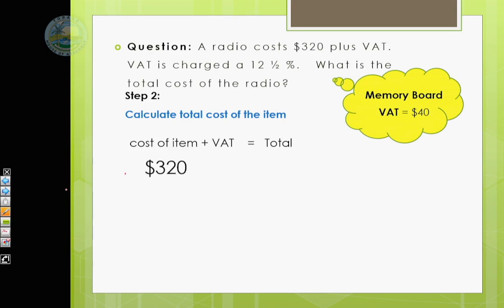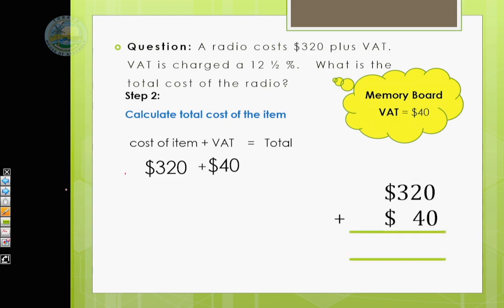The cost of the radio is $320 plus V.A.T, which we found, $40, equals, let's do the addition over here. 0 plus 0 is 0. 2 plus 4 is 6. 3 plus 0 is 3.